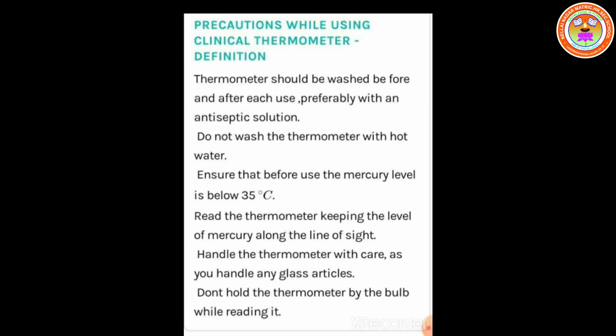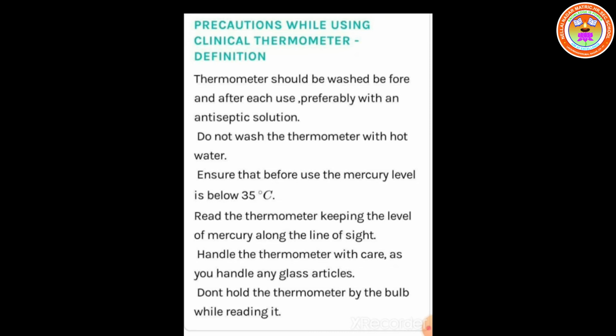Precautions to be followed while using a clinical thermometer. The thermometer should be washed before and after use, preferably with an antiseptic solution. Jerk the thermometer a few times to bring the level of the mercury down.